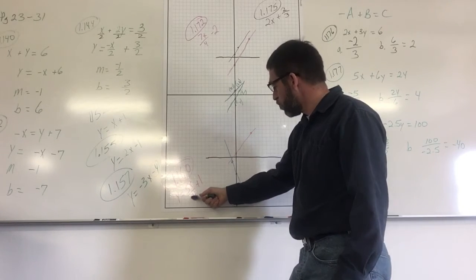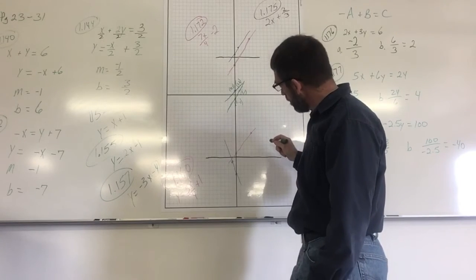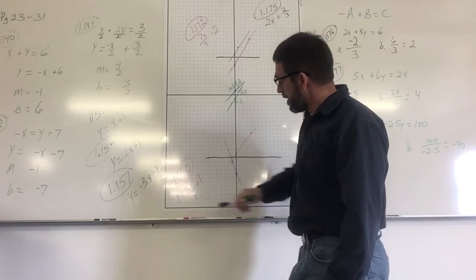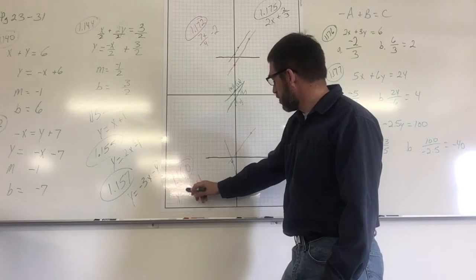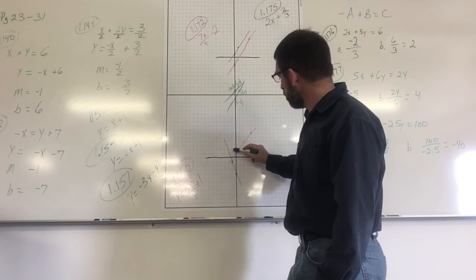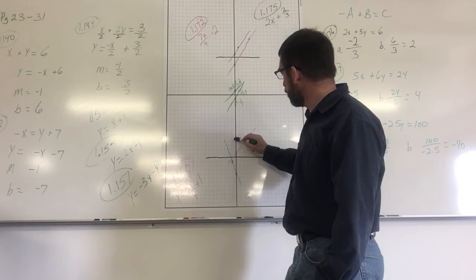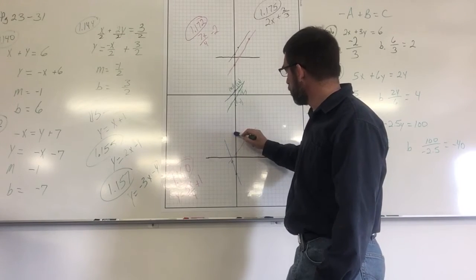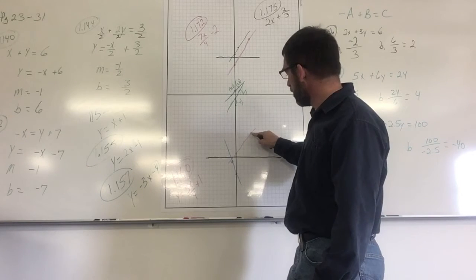So you need to know which one you go up 5 and which one you go over 4. The x is where you go up 5. The x goes up 5. So we go 1, 2, 3. You start out from the 1, wherever you made your first dot. 1, 2, 3, 4, 5. And then you come to the right 4. 1, 2, 3, 4. And put your dot there.